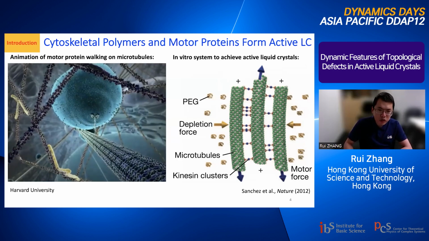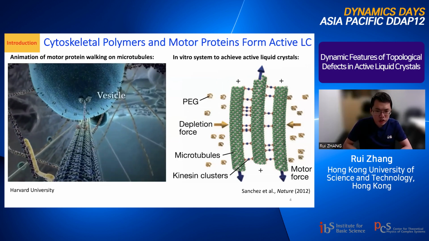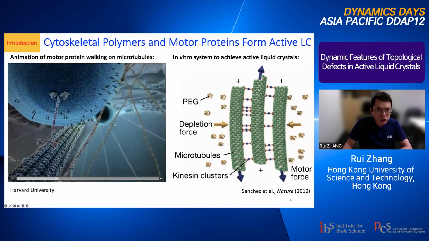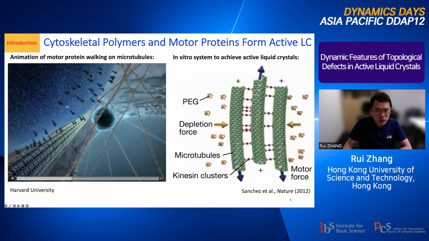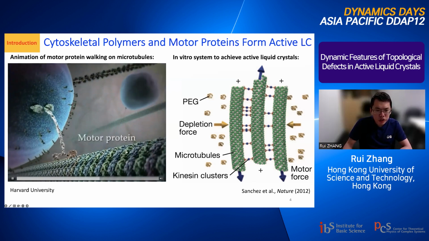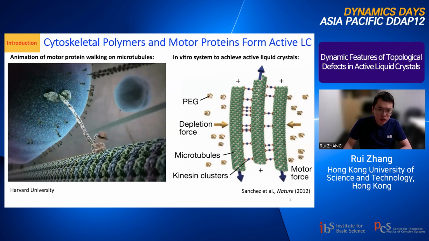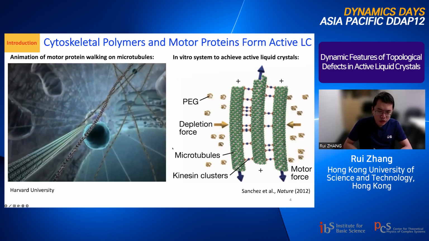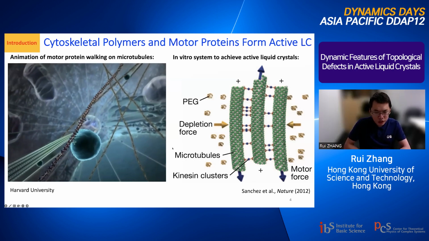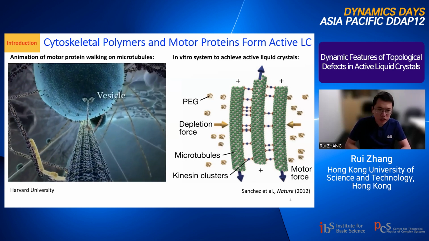Here I give you a schematic, actually an animation, of the inner cell, in which we can see that motor proteins are carrying cargoes and walking on top of a microtubule. This is a very rigid and long polymer. This is the system that recent researchers are working on, especially Professor Zhang from UCSB.